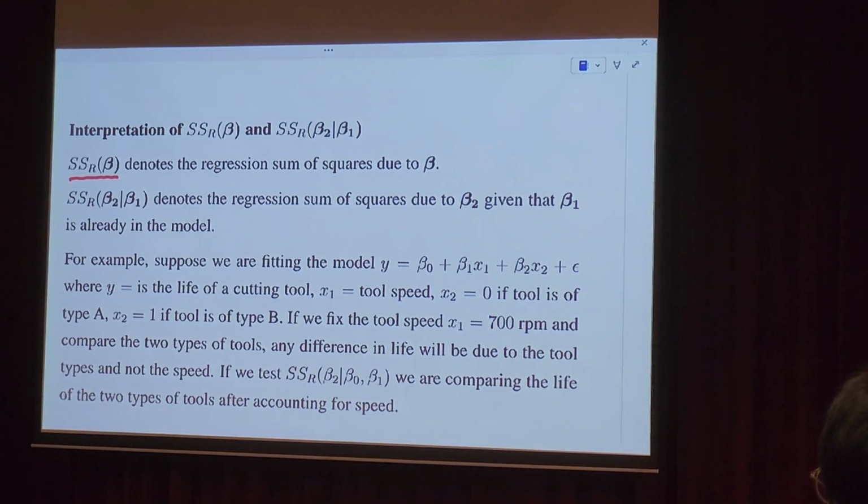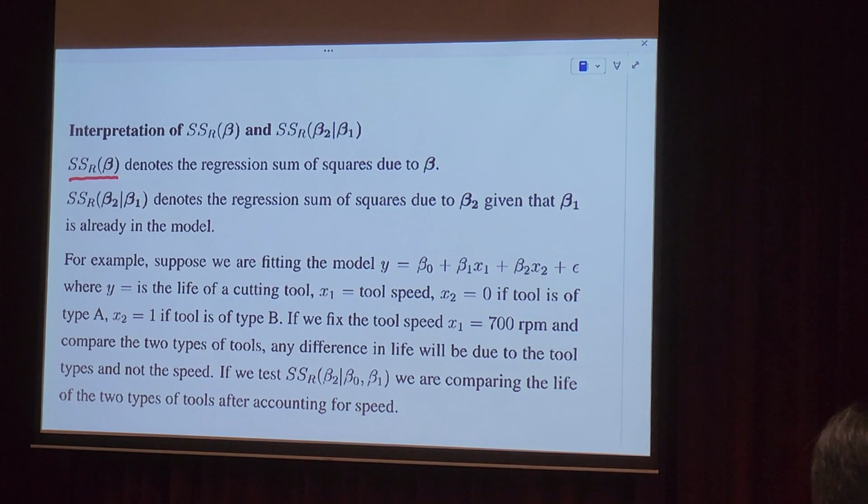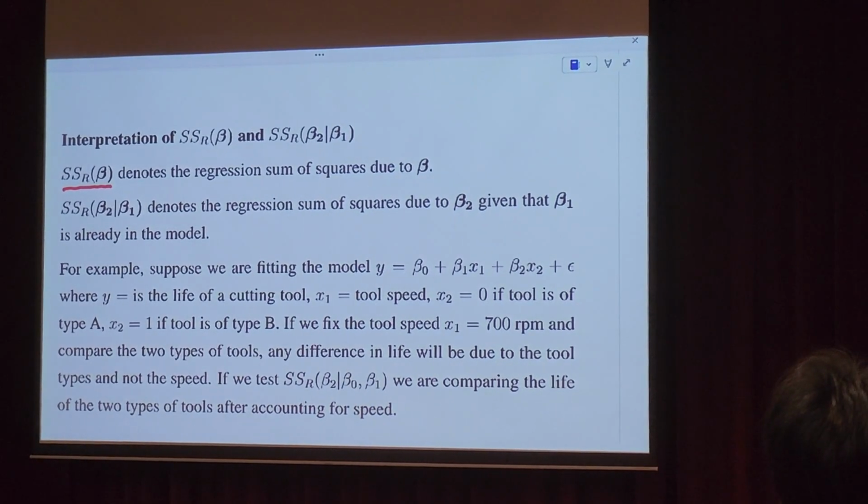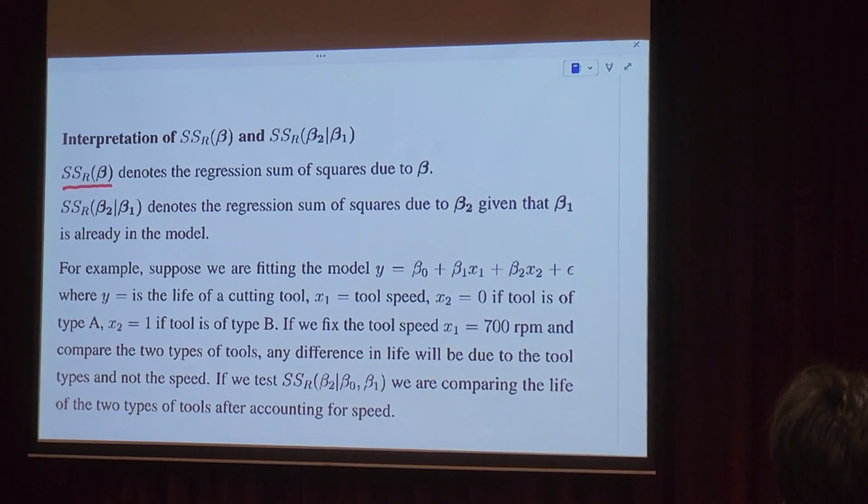What is SSR beta? It denotes the regression sum of squares due to beta. As I've explained at the beginning of today's lecture, if the regressor associated with this beta is highly related to the response, then this SSR beta will be large.